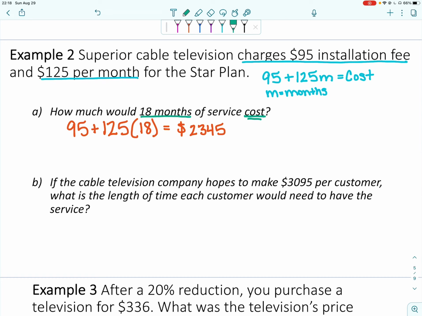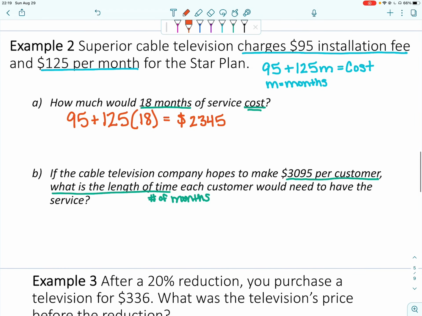Now in the second one, the cable television company hopes to make $3,095 per customer. What is the length of time each customer would need to have the service? So now we know what the cost per customer needs to be. What we don't know is the length of time or the number of months they need to have the service.